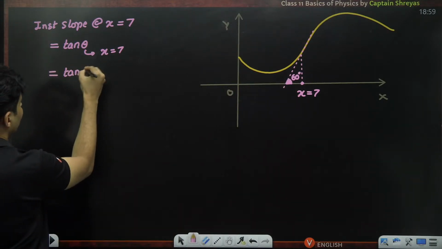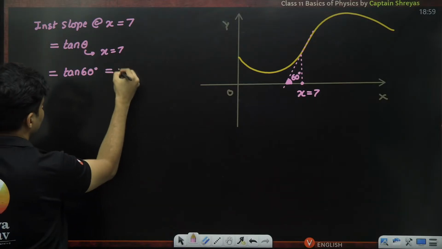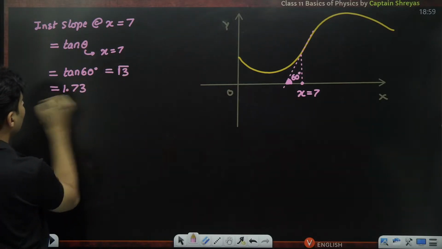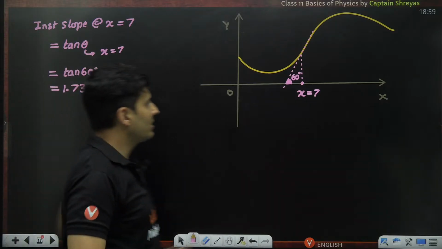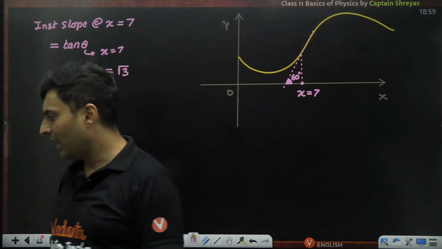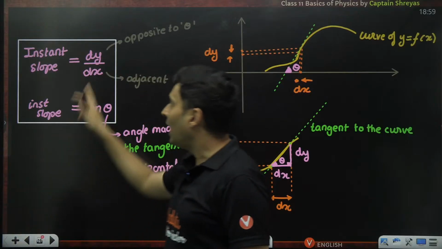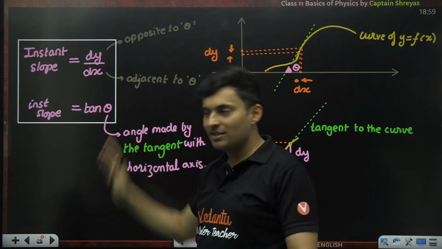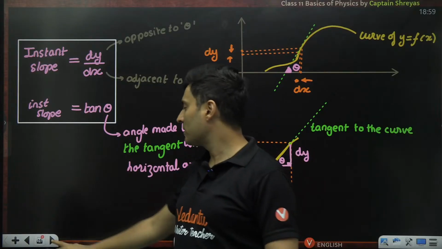So it will be tan 60. What is tan 60? It is root 3, which is 1.73. That is the answer. So the slope of this line is 1.73. Done and dusted. Best part, I don't know dy, I don't know dx, but I know dy by dx, which is tan theta. Isn't this marvelous?